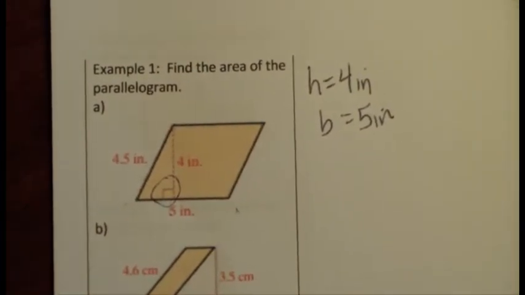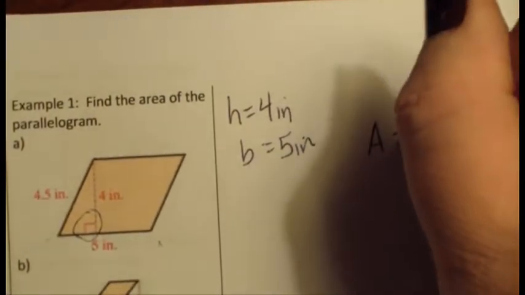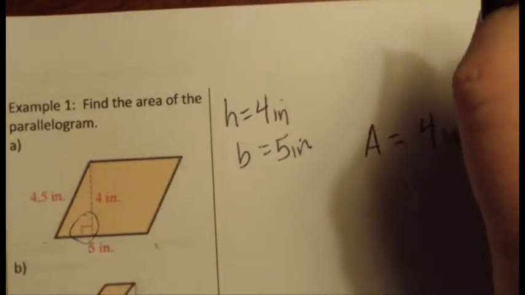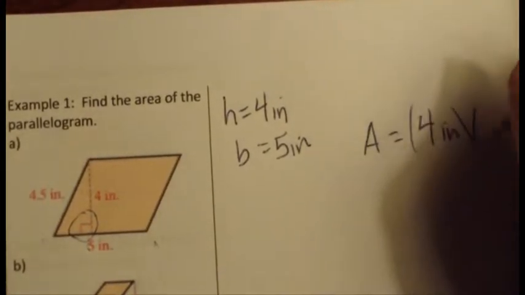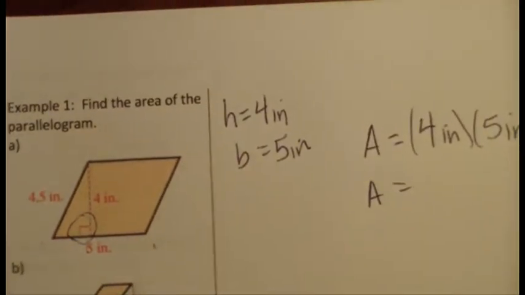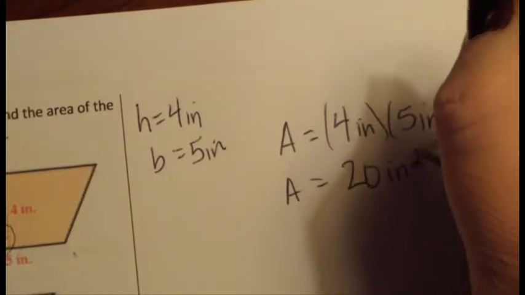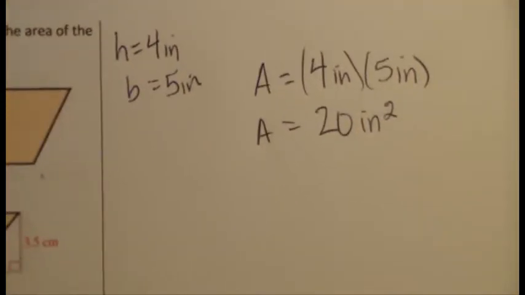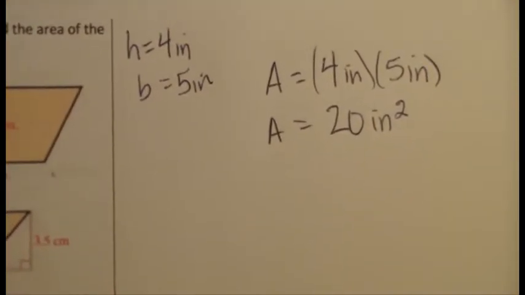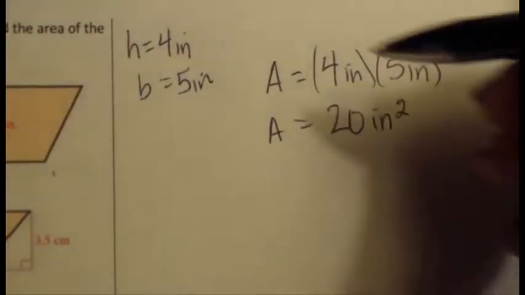All right, so area of a parallelogram is base times height. So we're just going to do 4 inches times 5 inches, and 4 times 5 is 20. Now when we're talking about area, units of measurement are squared. So in this case, our area is 20 inches squared.